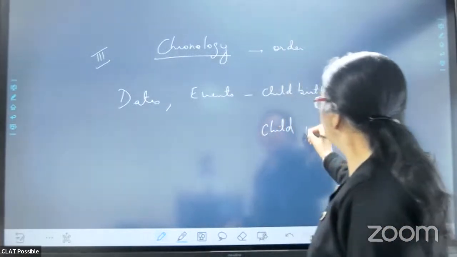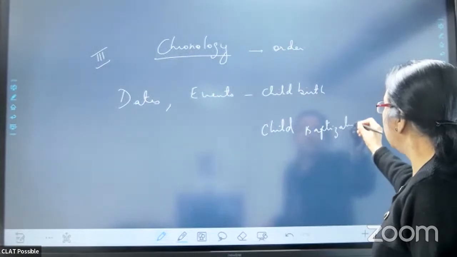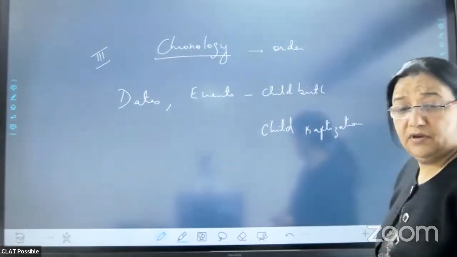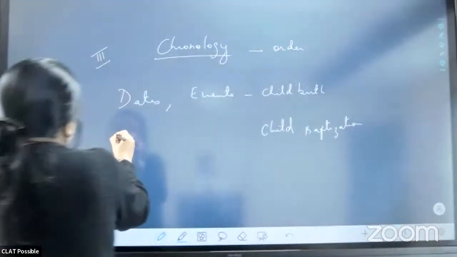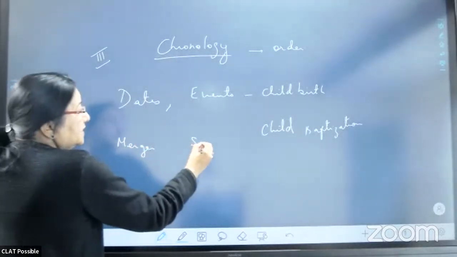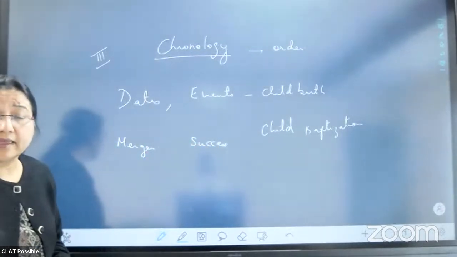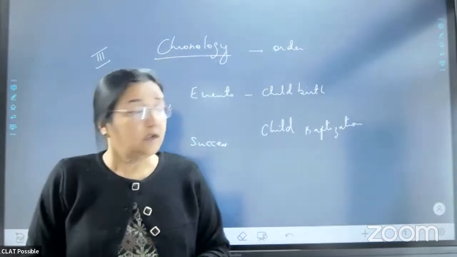Can you see here? A birth will obviously come in the beginning, an event. Here it can also be a merger of two companies and then the success events, a launch of a product and then the success of that project.